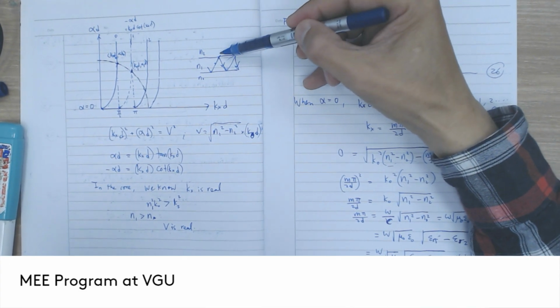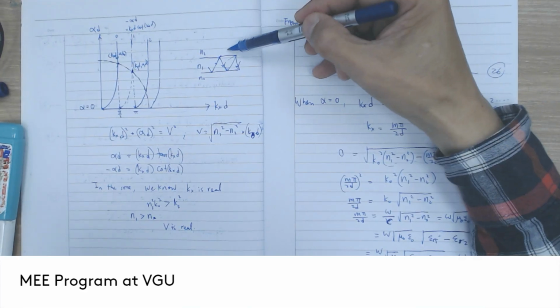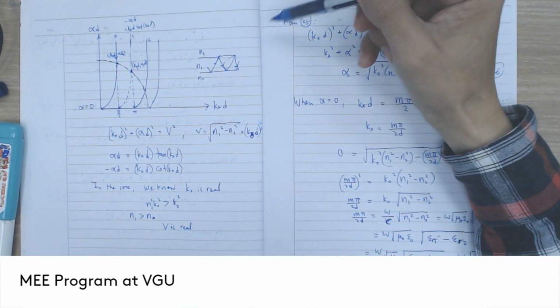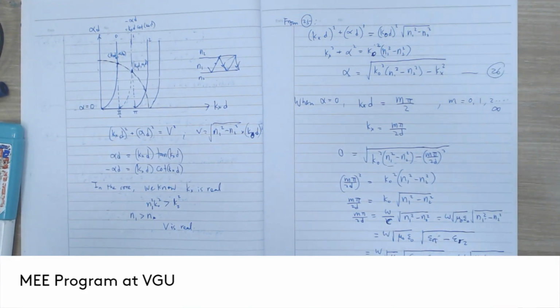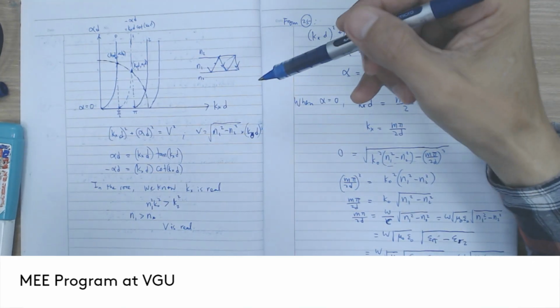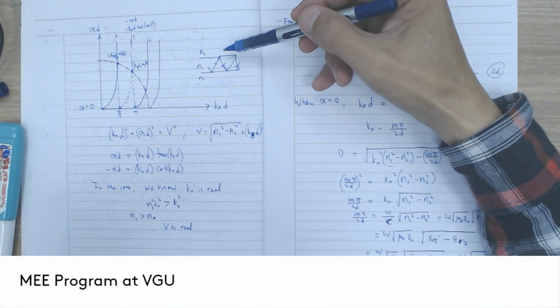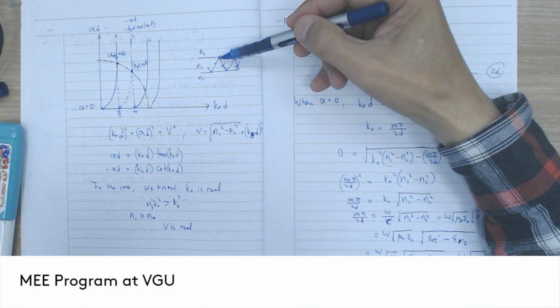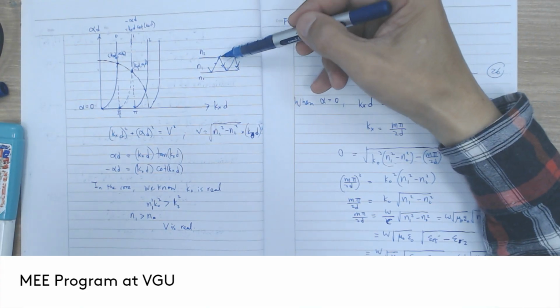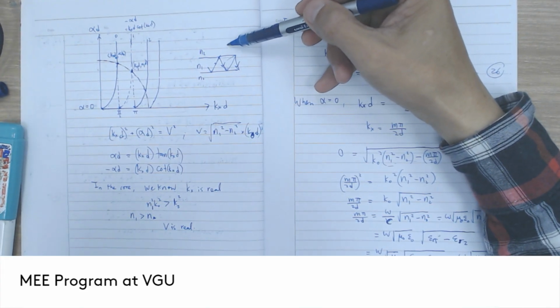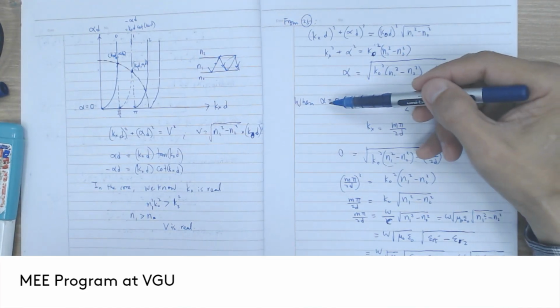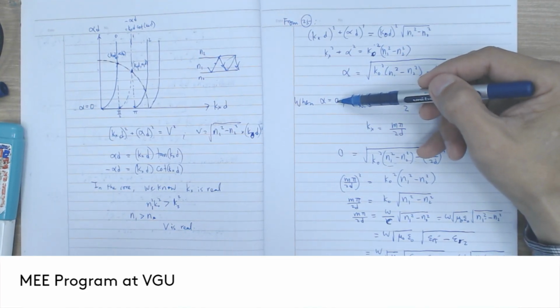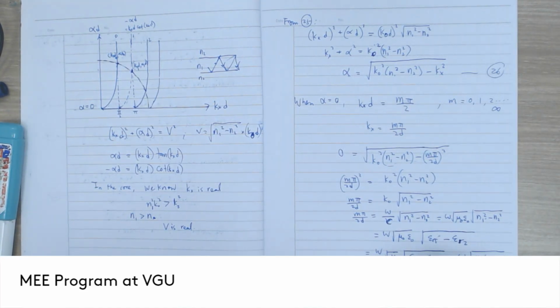In this case, the wave will leak. So in the optical domain, the cutoff frequency represents the frequency where there is no more wave guiding. No more wave guiding is the condition where alpha is equal to 0. So you can say this is the cutoff frequency.